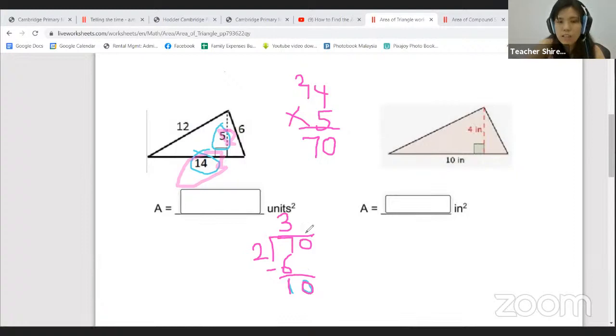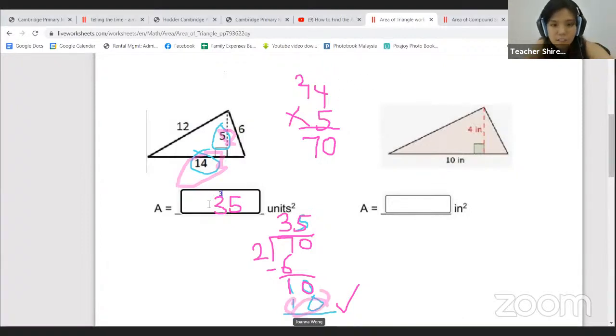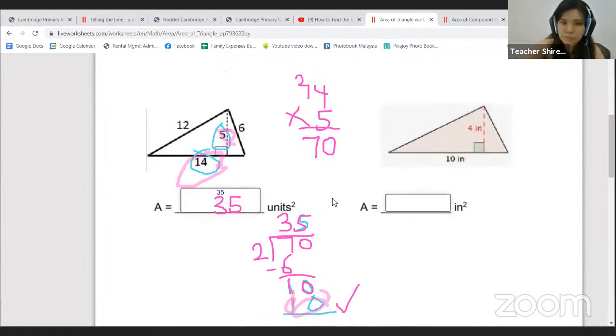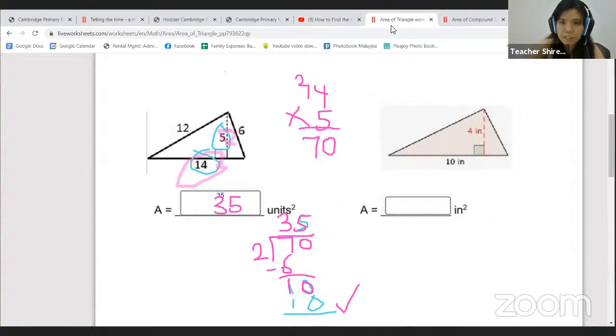So 10. 1, 2, 2; 2, 2, 4; 3, 2, 6; 4, 2, 8; 5, 2, 10. That's right. So the answer is 35. Understand? Okay.